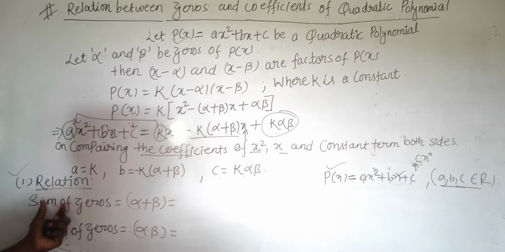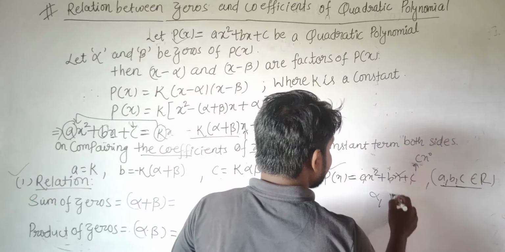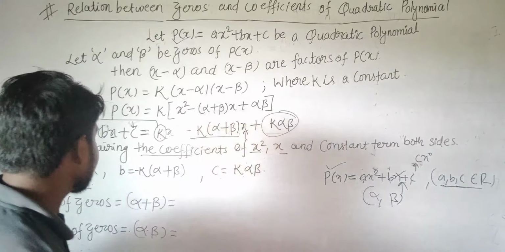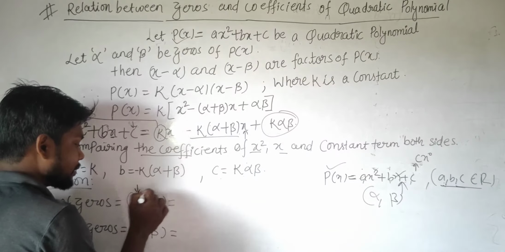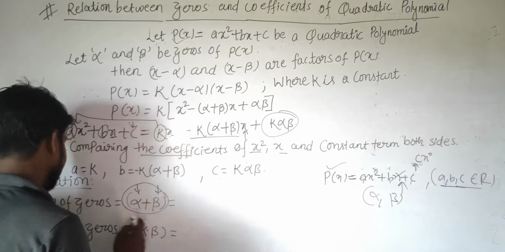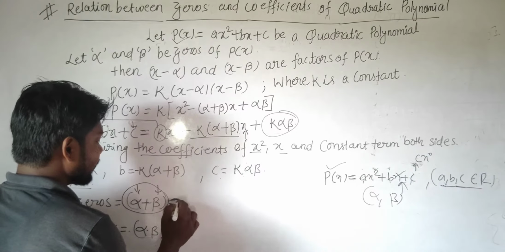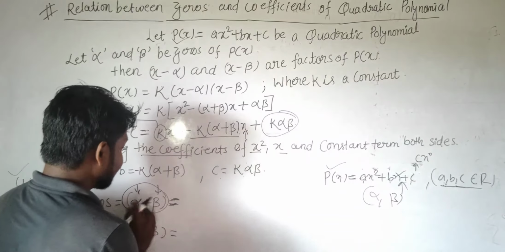First relation is the sum of zeros, because here we considered alpha and beta to be the zeros of this polynomial. Sum of zeros means alpha and beta are the two zeros, and this represents the sum of zeros, alpha plus beta.